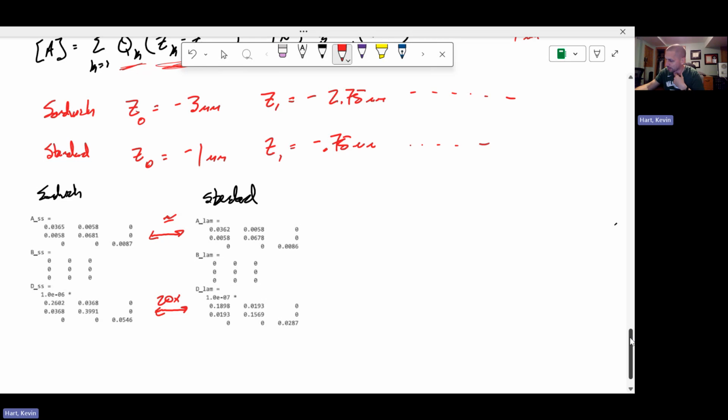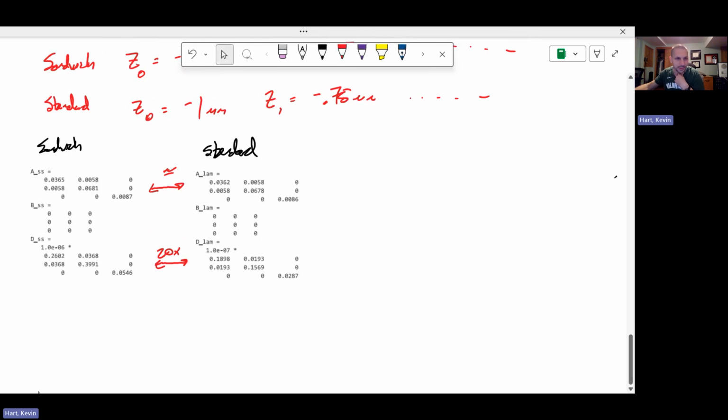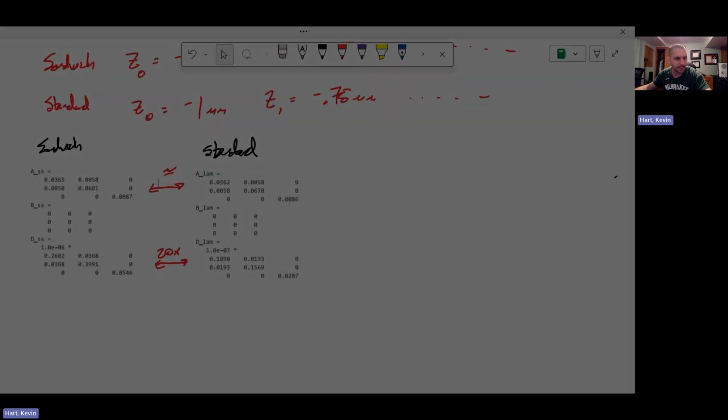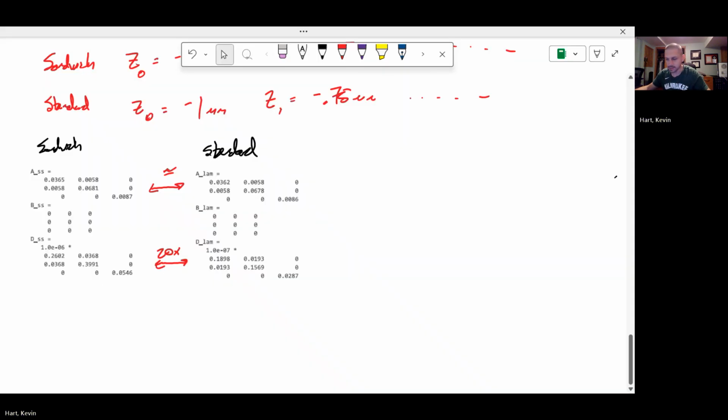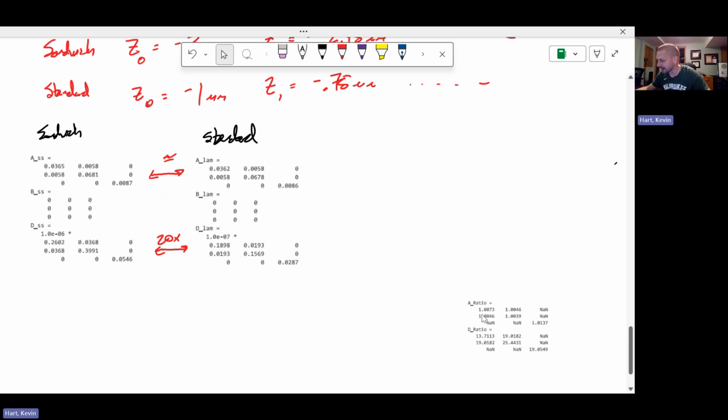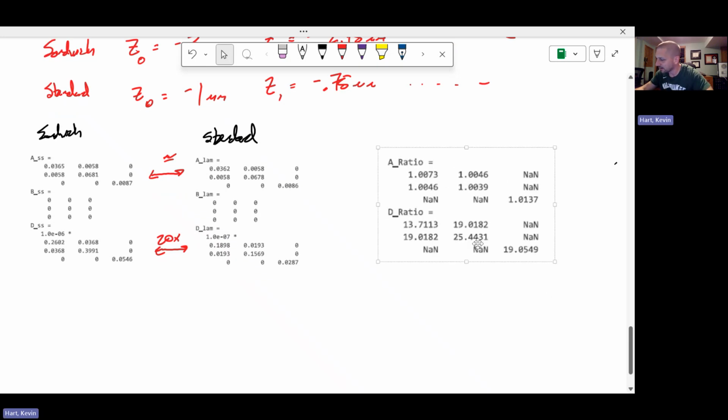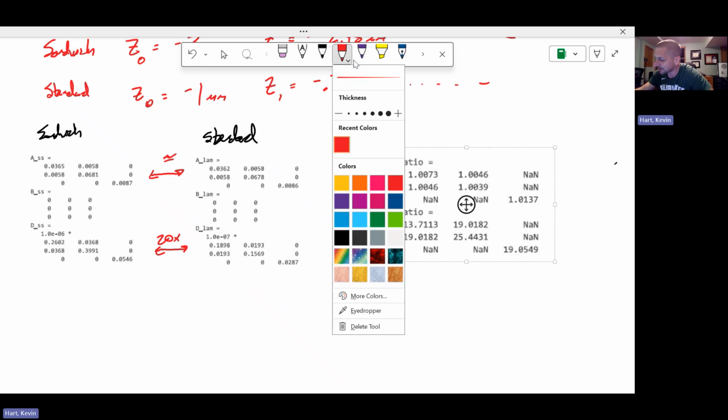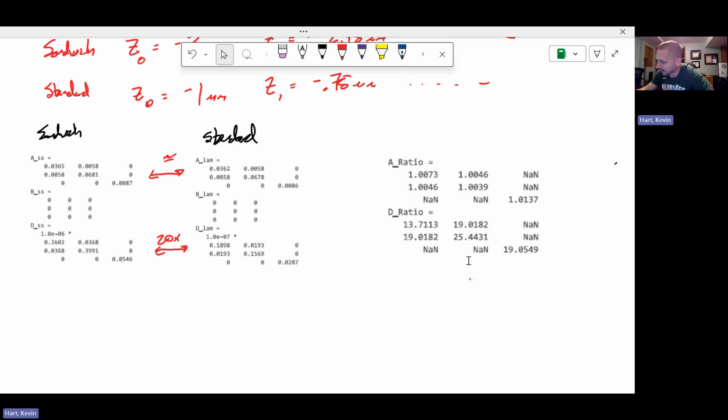All right. If you want to see the actual ratio of these, you could do that computationally as well. And you get something that looks like this. If you wanted the ratios calculated exactly, here are the typical ratios. And so, like I said, the ratio of the A matrix of the sandwich structure and the A matrix of the typical laminate is pretty close, or almost exactly the same.